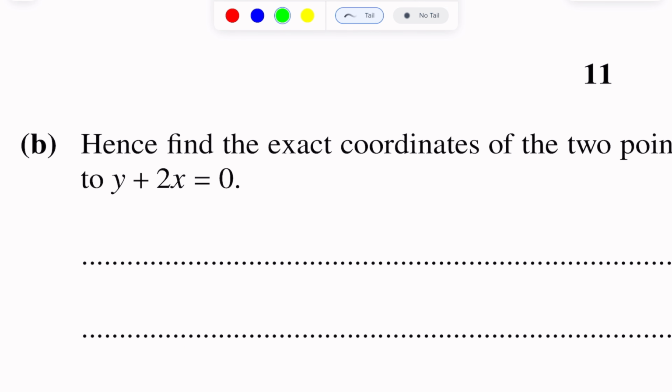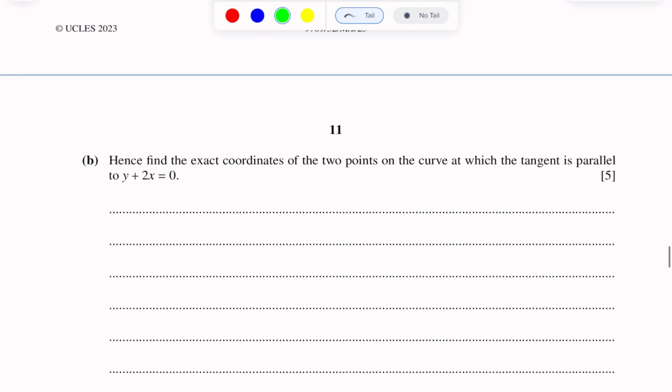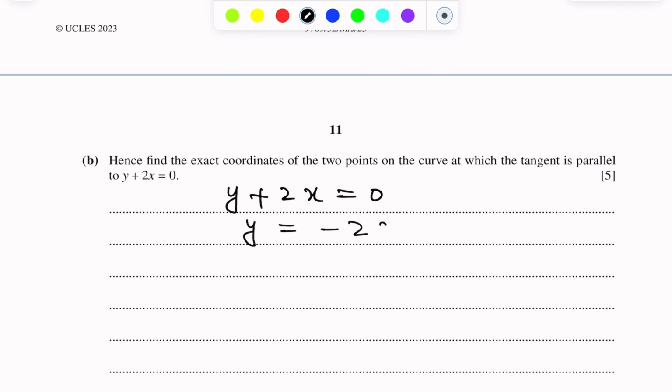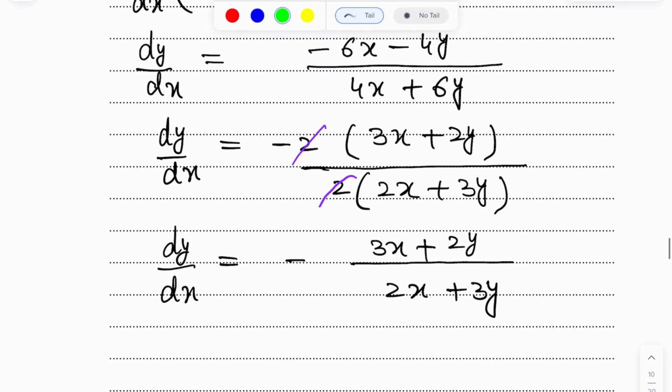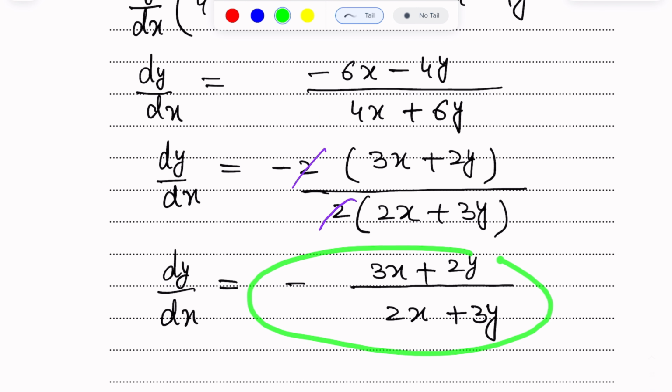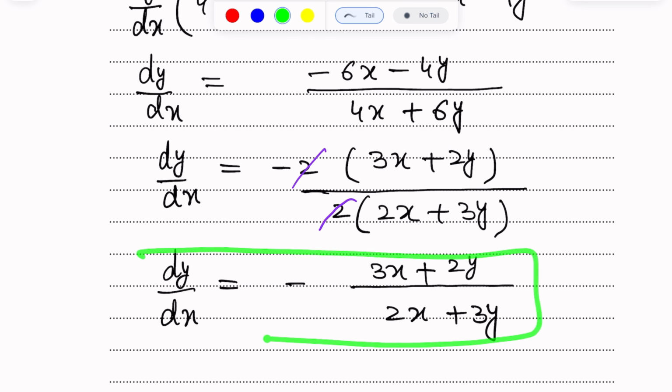From the equation y plus 2x is equal to 0, we can write y is equal to minus 2x, so clearly the gradient is minus 2. And the gradient of the tangent is what we have already found, dy over dx. Actually this is the gradient expression of the tangent.